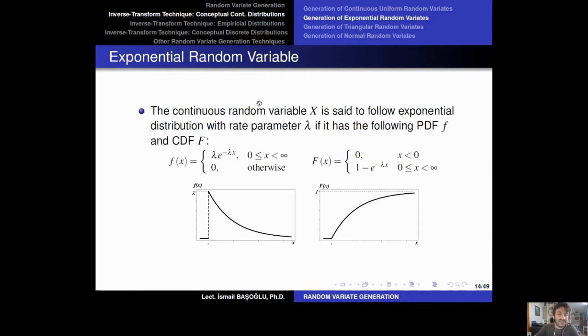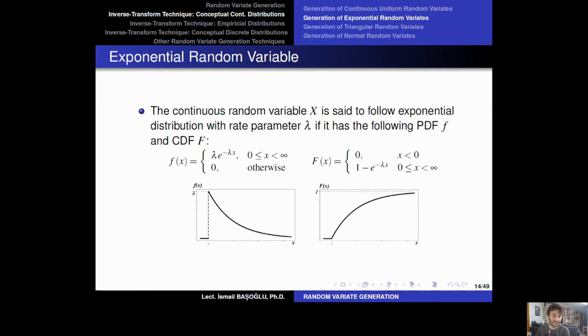This time we have a continuous random variable x, which is set to follow exponential distribution with rate parameter lambda. Let us remind ourselves of the probability density function of the exponential random variable, which is lambda times e to the power minus lambda x for all non-negative values, and it is zero otherwise, which means an exponential random variable cannot take any negative value.